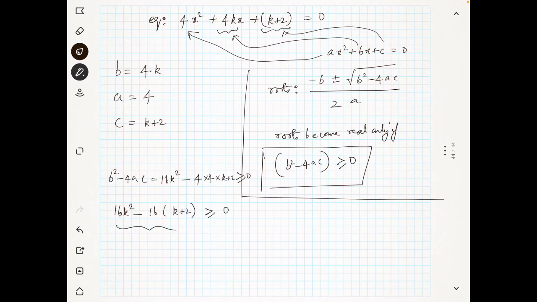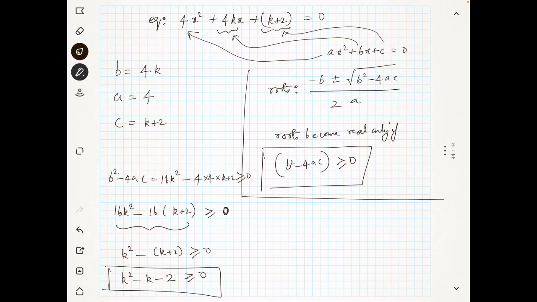I can write it in another way also. Because 16 is common and the right side is 0, you can divide by 16 on both sides, so you will get k square minus k minus 2 greater than or equal to 0.